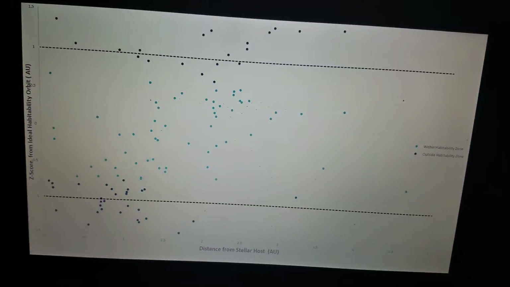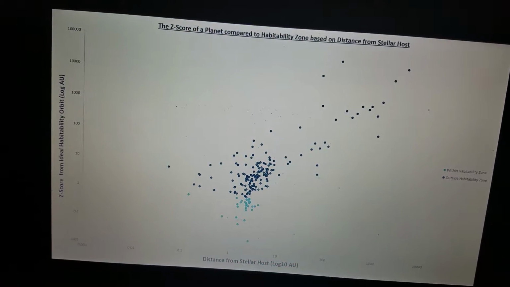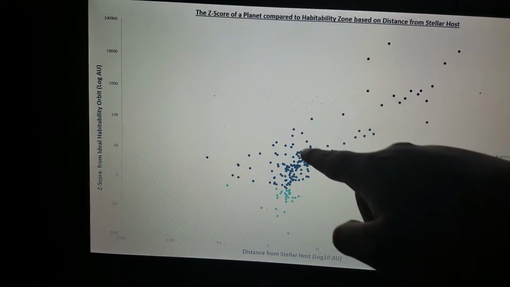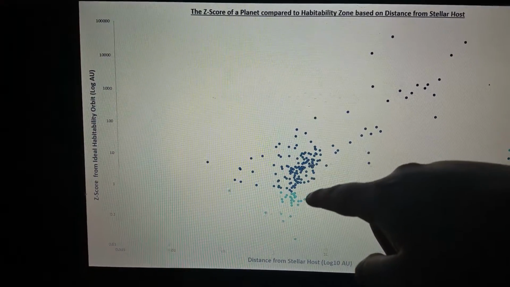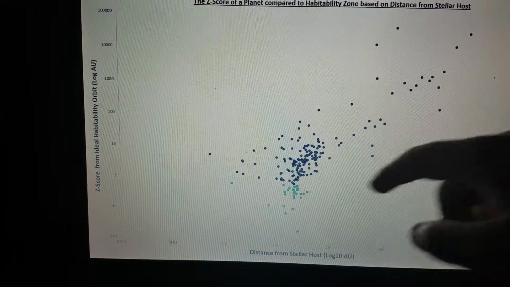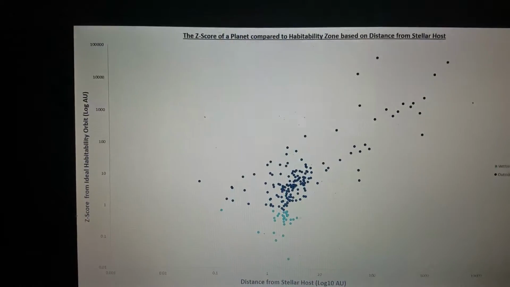So a logistic transformation was performed on this data as well, giving us a graph similar to this. We can see a large clumping here consisting of the planets outside the habitability zone, and a much smaller one right here of those within the habitability zone.